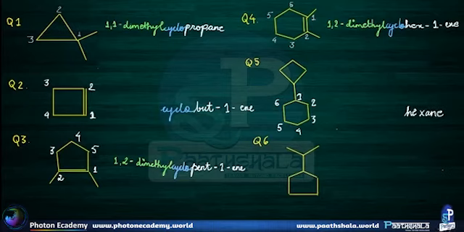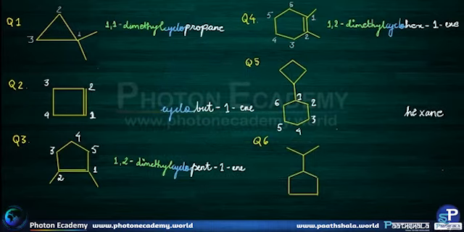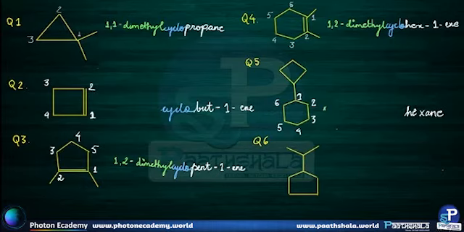And if we talk about the prefix, at the first carbon there is a substituent. The way we write a cyclic substituent is in the following way. As the substituent is present on the first carbon atom, it is 1-cyclobutyl.